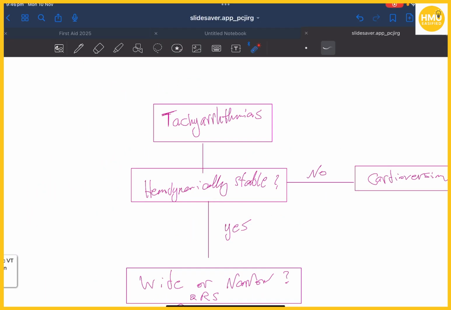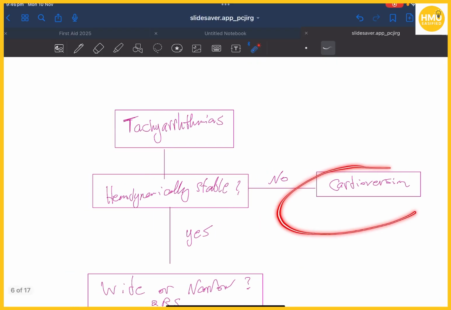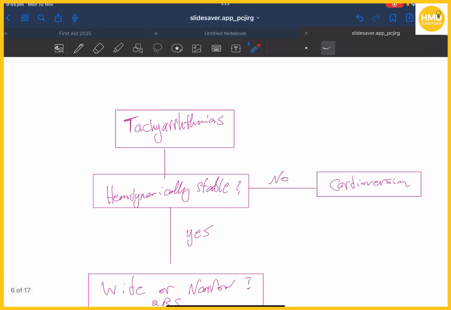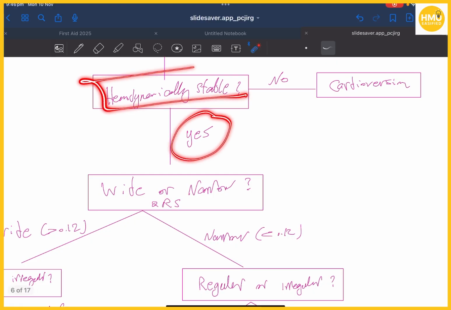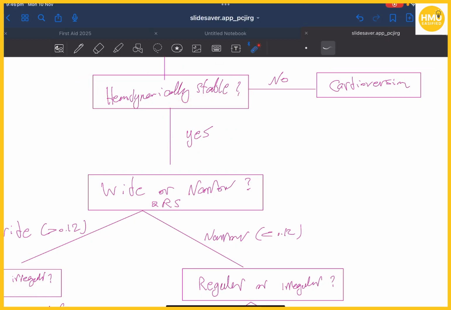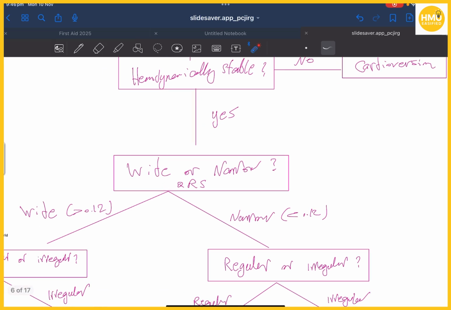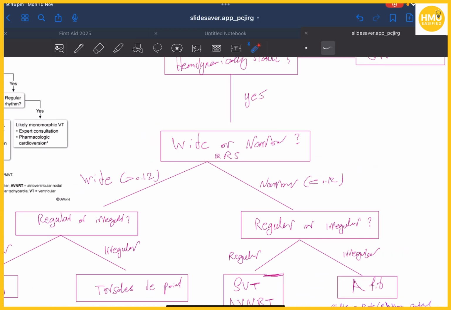Basically shock the patient, because you have no time, there's no perfusion, this patient is already in hypoxic situation for the brain. You need to shock him no matter what the consequences are. Okay, if yes, he's hemodynamically stable, you have time to do ECG and look at what type of tachyarrhythmia he has. So you start with ECG. As we said, we ask two questions: if it's wide or narrow QRS, and regular or irregular.